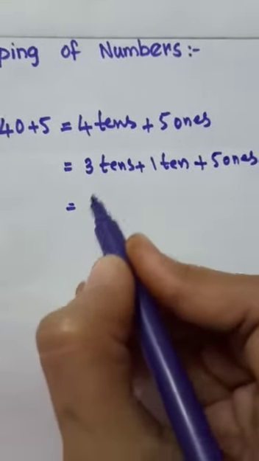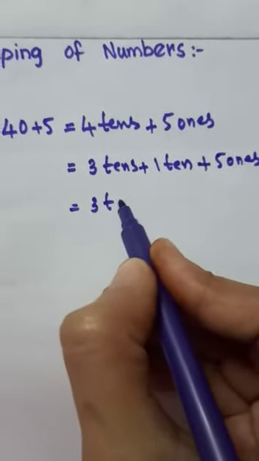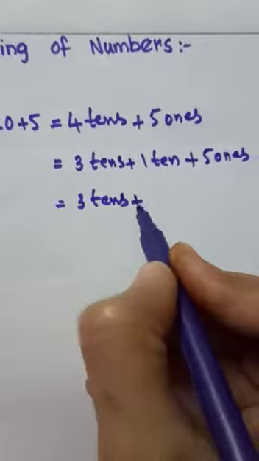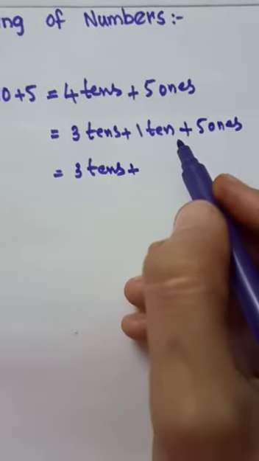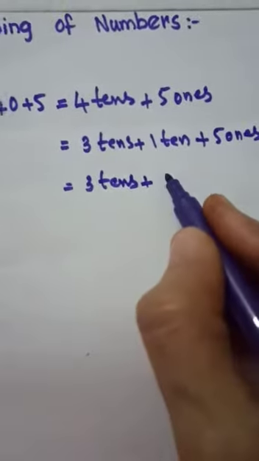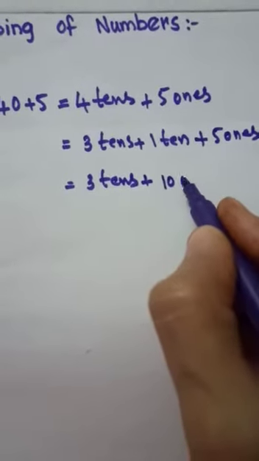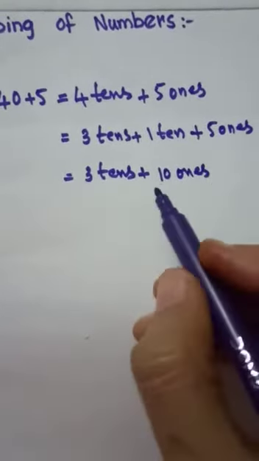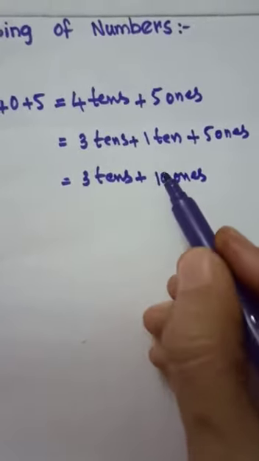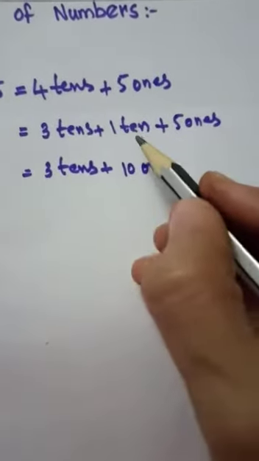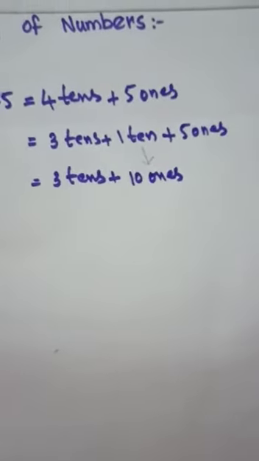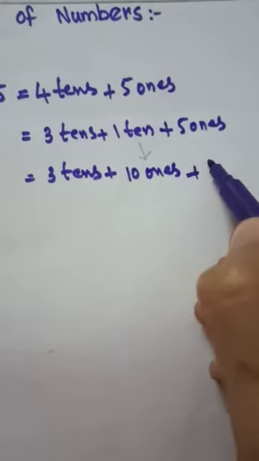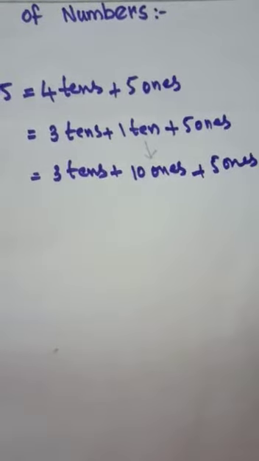Next, 3 tenths plus 1 ten is equal to how much? This 1 ten is equal to 10 ones. Okay. Next, 5 ones.